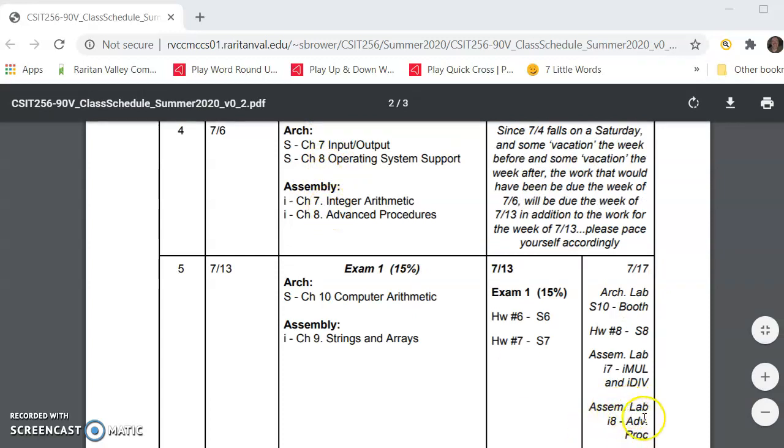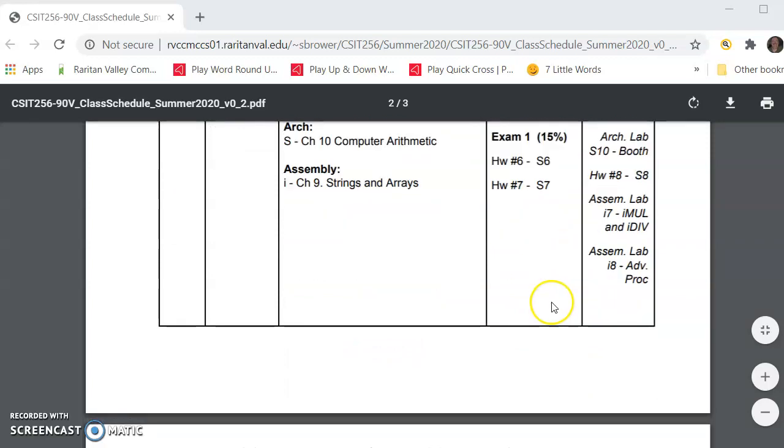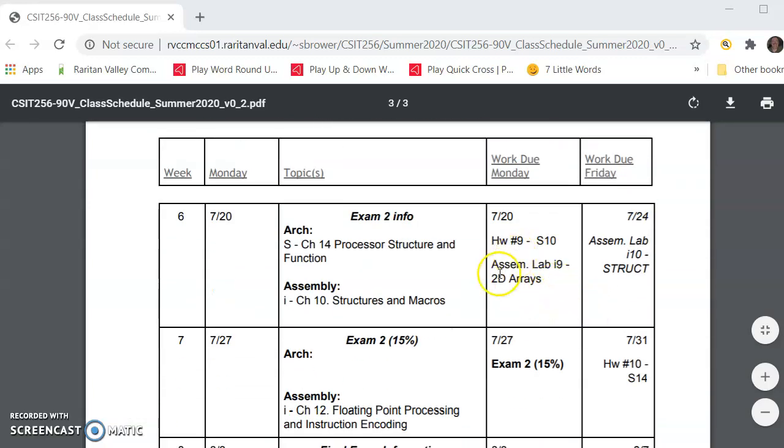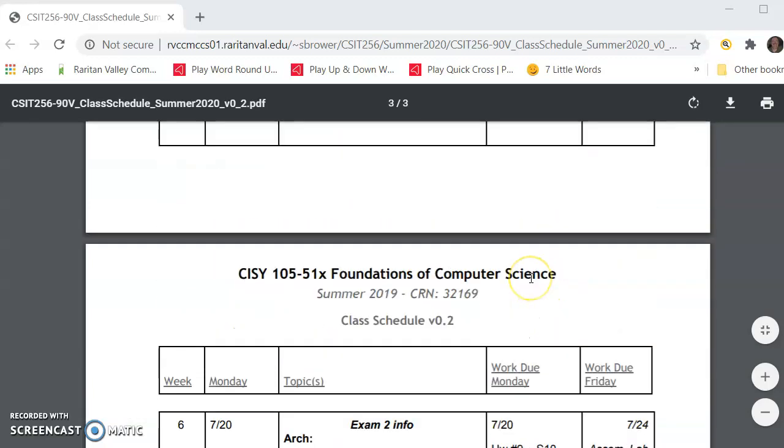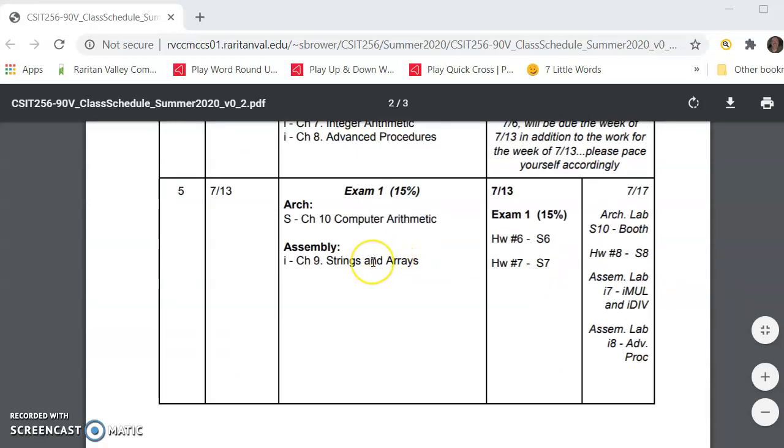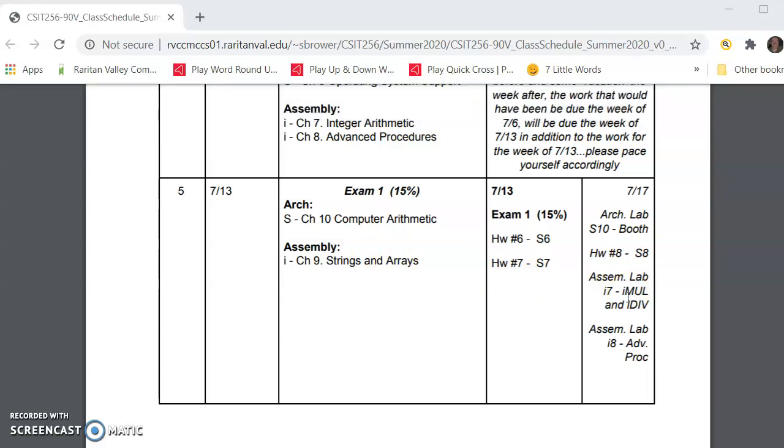The assembly lab I8, for Irvine chapter 8, was from the prior week. The assembly lab on Irvine chapter 9 is going to be the following week. So at least for Irvine chapter 9, you don't have to turn around and hand in a lab on it.